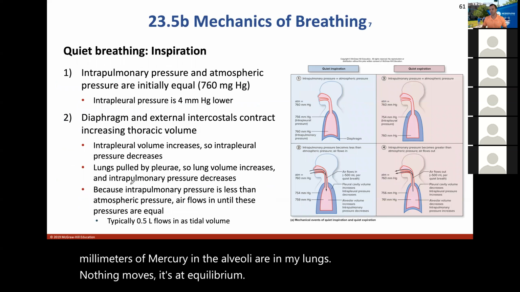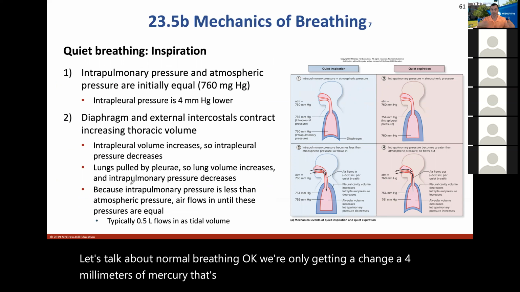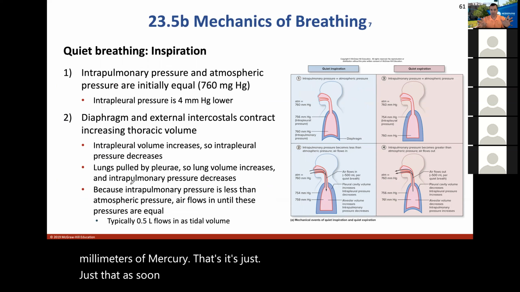So let's talk about normal breathing. Okay. We're only getting a change of 4 millimeters of mercury. That's it. As soon as I start to inhale, for a fraction of a second, everything's equal.